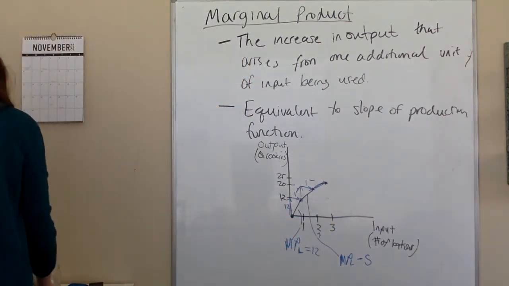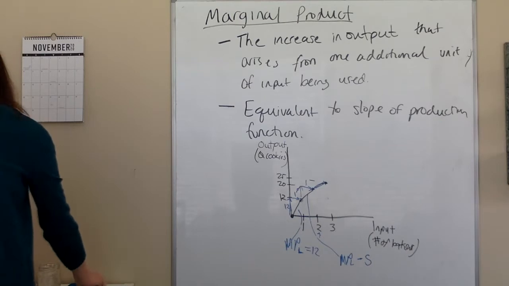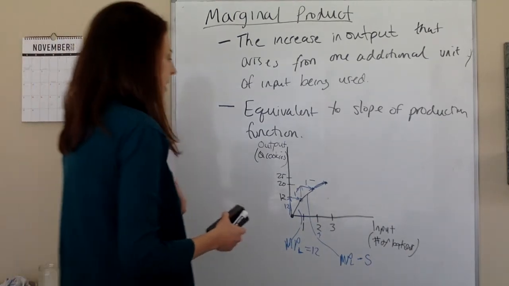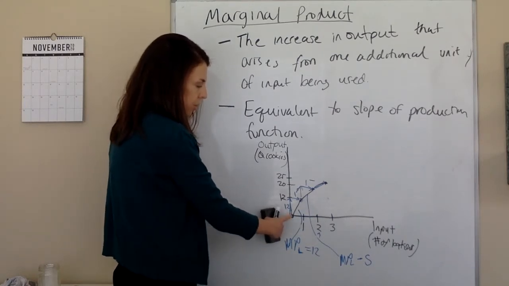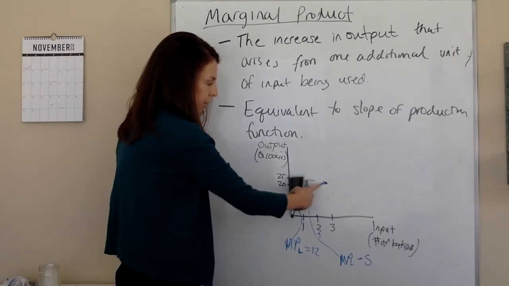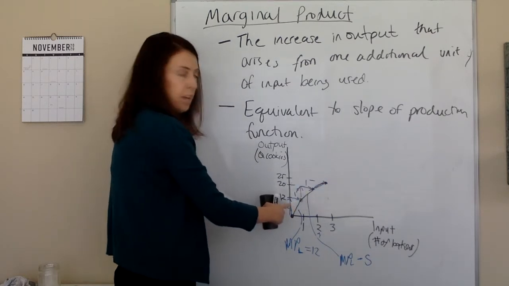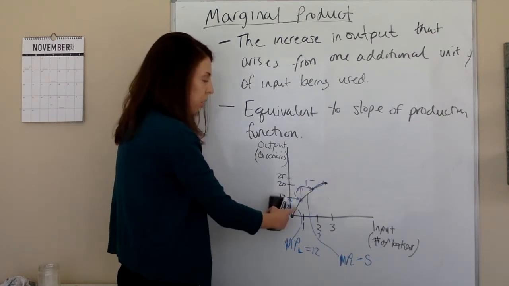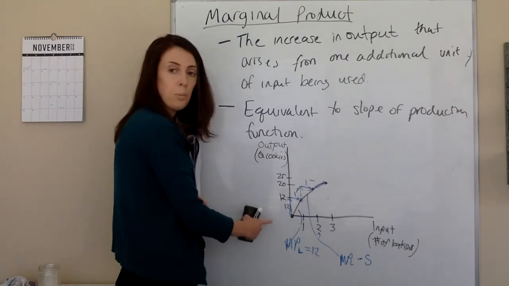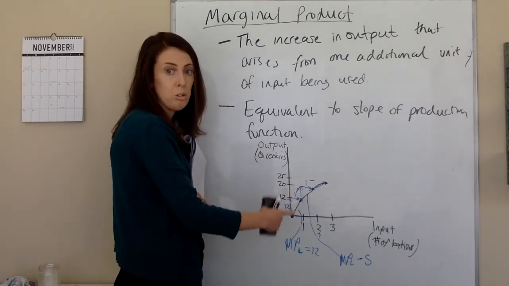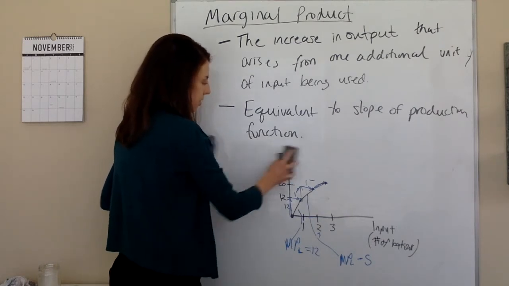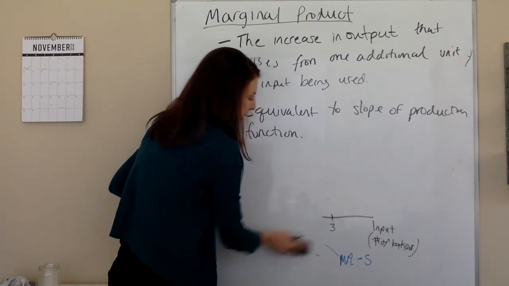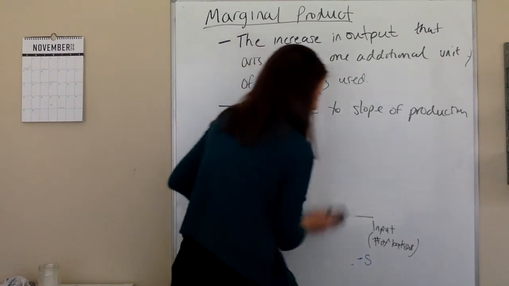One thing you need to note is that because the production function gets flatter and flatter, in other words the slope is getting smaller and smaller, the marginal product is getting smaller and smaller. We have a name for this, and we call it, very uncreatively, diminishing marginal product.